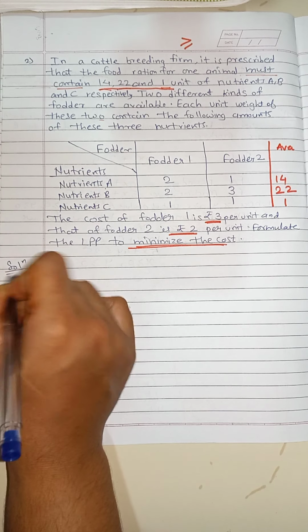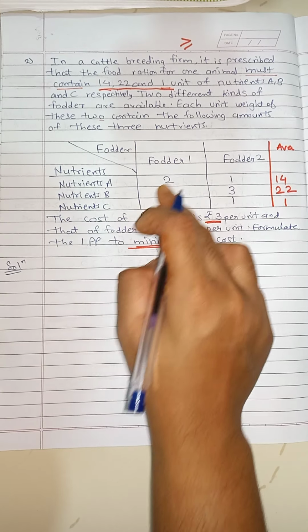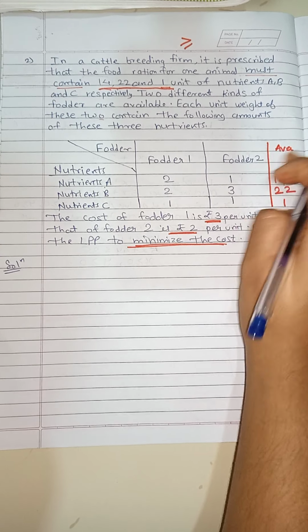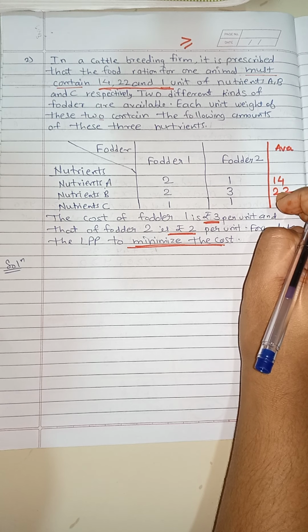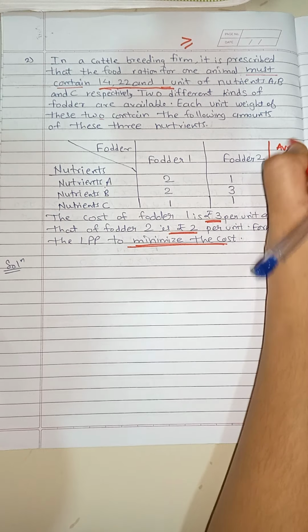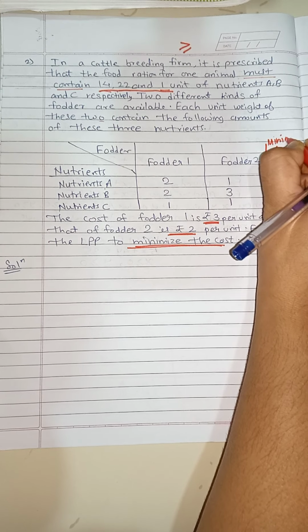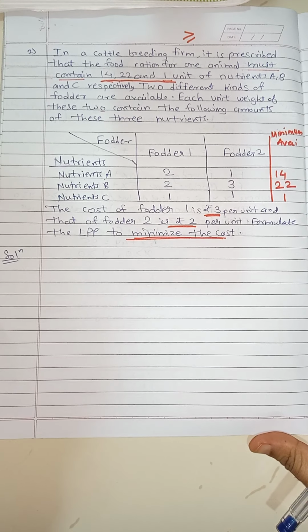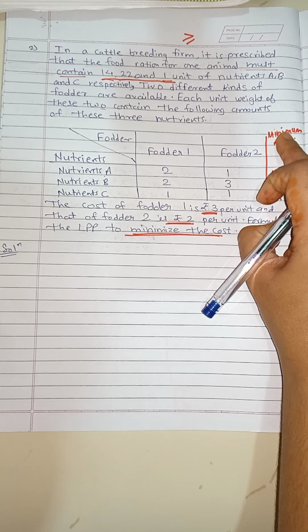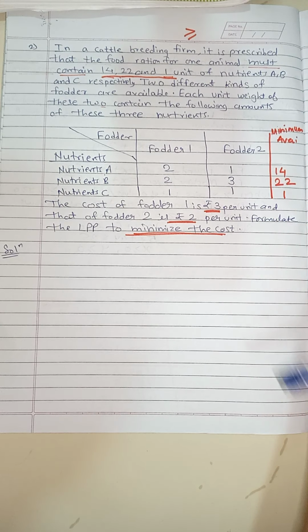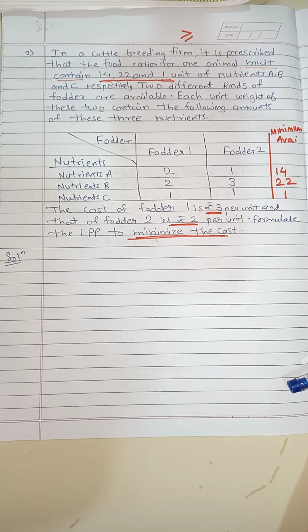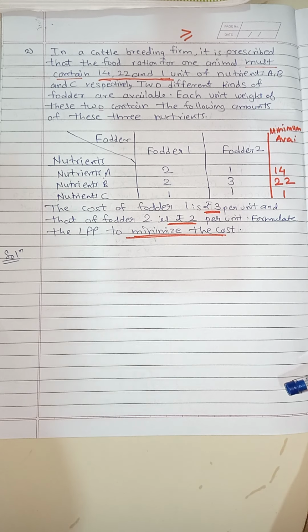First we see the table: fodder 1, fodder 2, availability. Now this is a minimum availability. It is more important to understand the concept because we have two types of sums. The first one we solved as a maximum type and the second one we are solving now for the minimum.